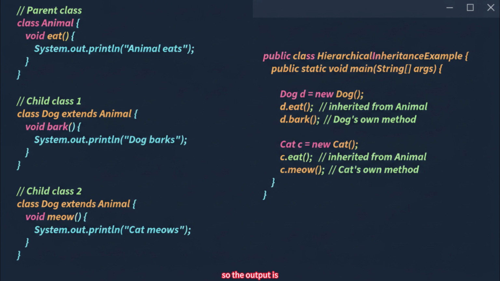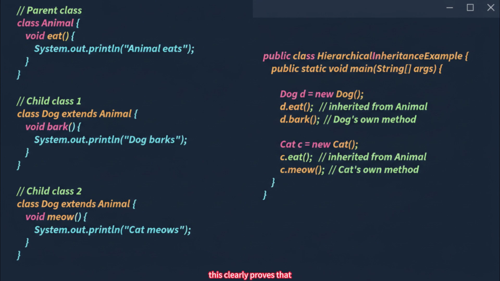So the output is "Animal eats". Next, we call c.meow(). The meow method belongs to the Cat class. So Java executes it directly from Cat. The output will be "Cat meows".